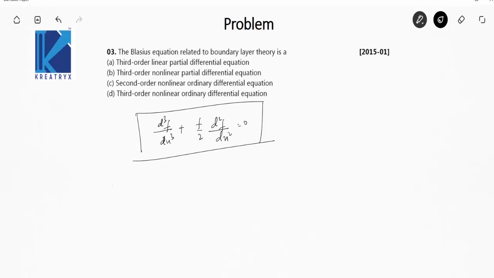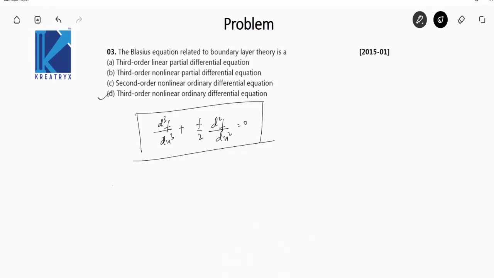From this equation we can see it is a third order ordinary differential equation, and it is non-linear because the dependent variable has been multiplied with its derivative, so that makes it non-linear. So the answer is third order non-linear ordinary differential equation, that is D.